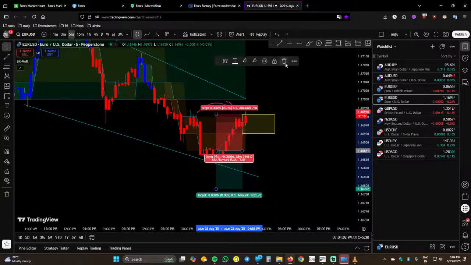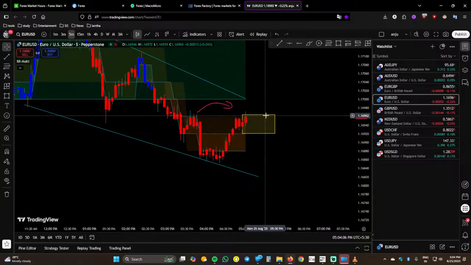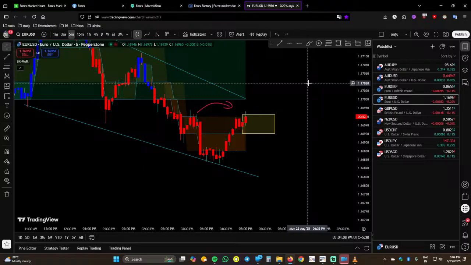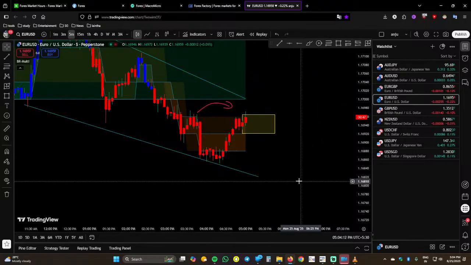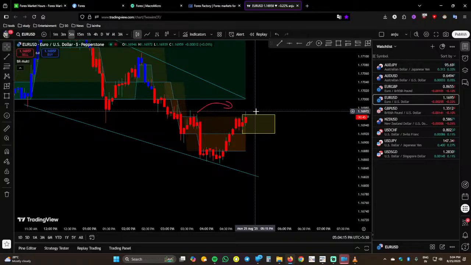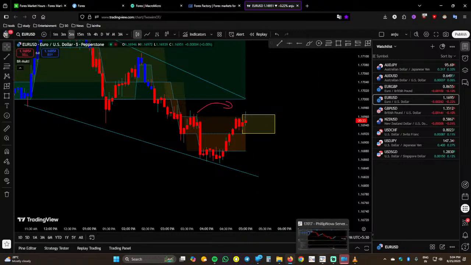If it closes above this level, it's definitely going to make a new box, but there's still 40 seconds to close, but it looks like it's not closing above that box. Let's wait and watch.